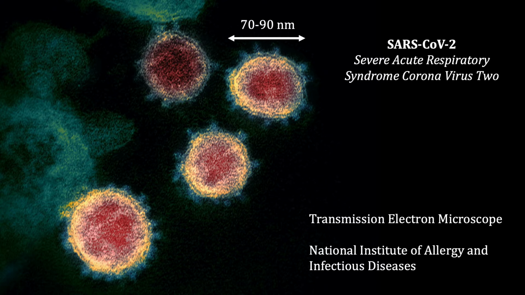Here's a picture submitted by the National Institute of Allergy and Infectious Diseases for the current coronavirus. It was taken with a transmission electron microscope, and they estimated that the size, the diameter of the virus, is about 70 to 90 nanometers. Other laboratories are thinking it might be a little bit bigger. One thing to note is that these structures look very blob-like.